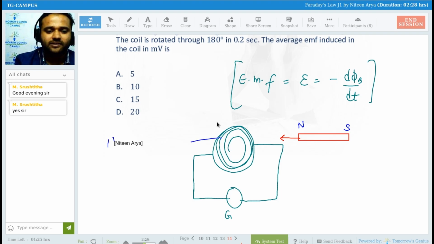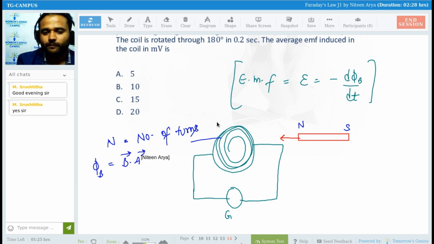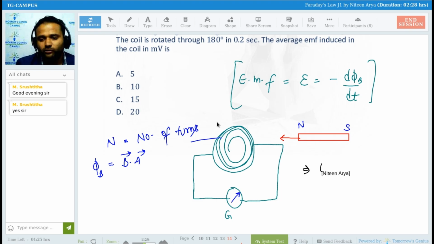So here we have many things: N, the number of turns in a coil, and phi, the magnetic flux, B dot A. And the important thing is that you get this deflection when there is relative motion. Rewriting everything simply: the electromotive force is a force that moves this needle.